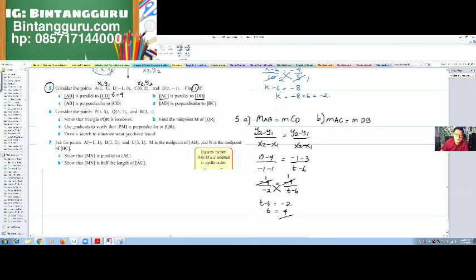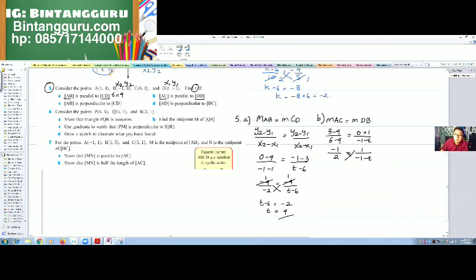So this is 3 minus 4 over 6 minus 4, equal to DB. So this is D, this is B. DB will be 0 plus 1 over minus 1 minus t. So 3 minus 4 will be minus 1 over 2 equal to 1 over minus 1 minus t.